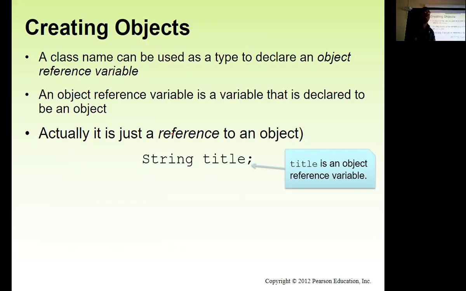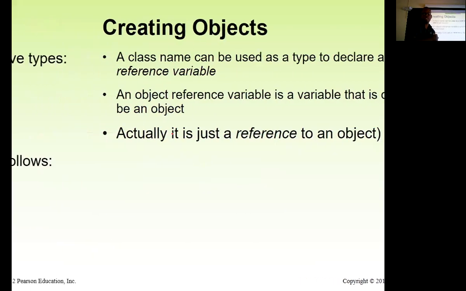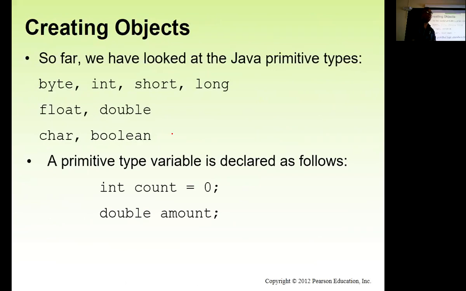Now, if you were to attempt to do what you did on the previous slide, String is a special case, but in general, you would not be able to do the assignment as we have it here, right?